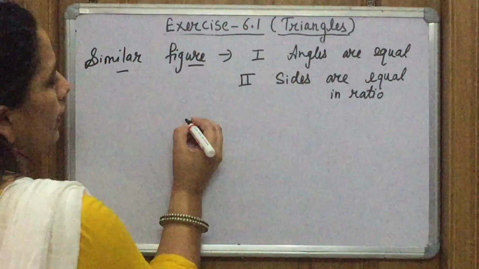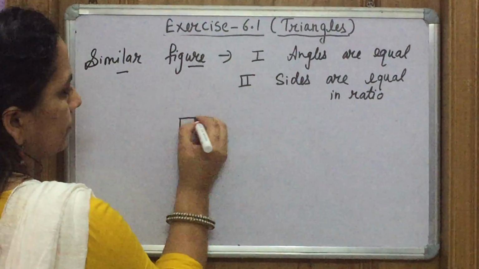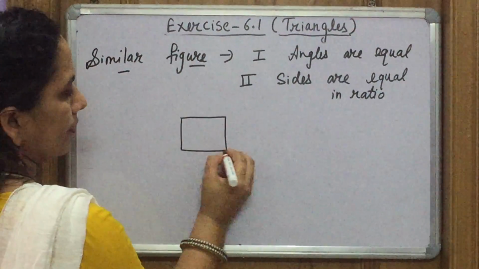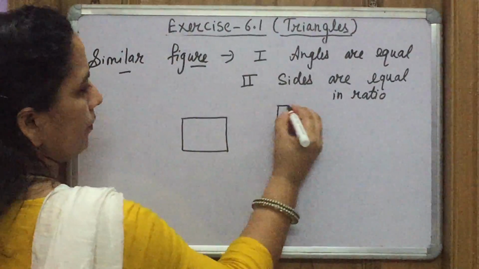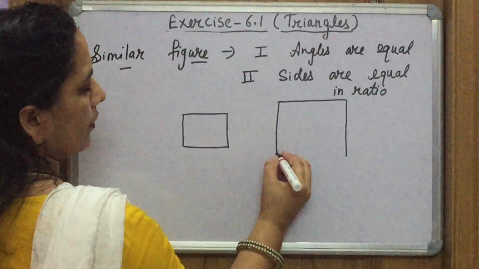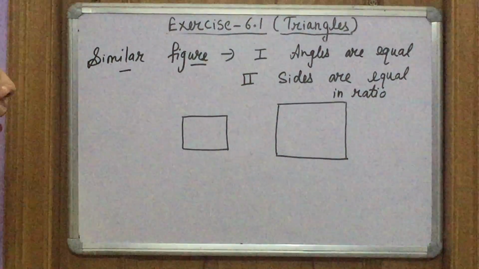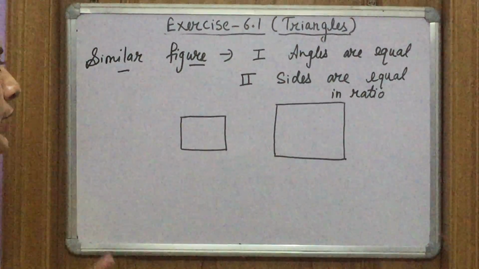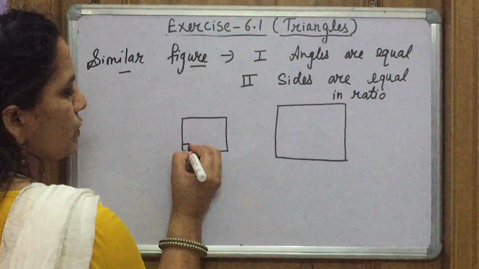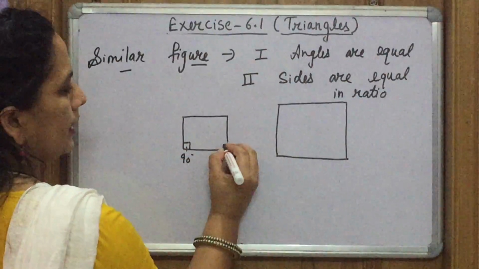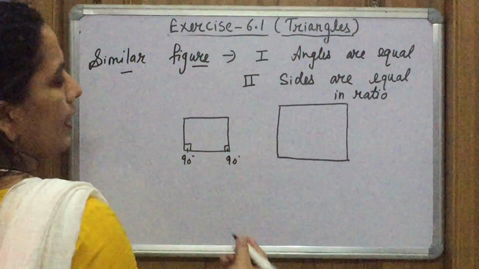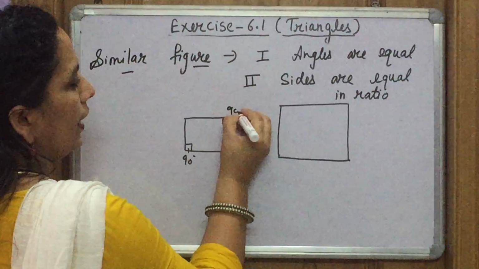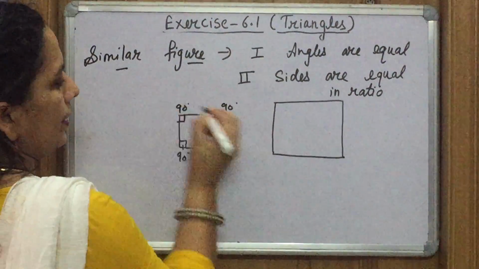For example, if we take 2 squares, we know that all of the angles of a square, either it is a small square or a large square, are 90 degrees.